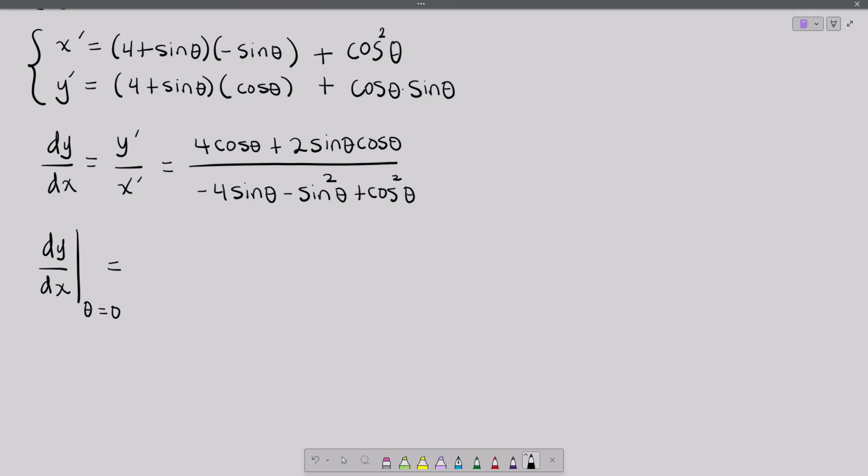In the numerator, we know that sine of 0 is 0. Cosine of 0 is 1, so the numerator becomes 4. In the denominator, sine of 0 is 0, sine of 0 is 0, so that's gone. Cosine of 0 is 1, so we get a slope of the tangent line being 4.